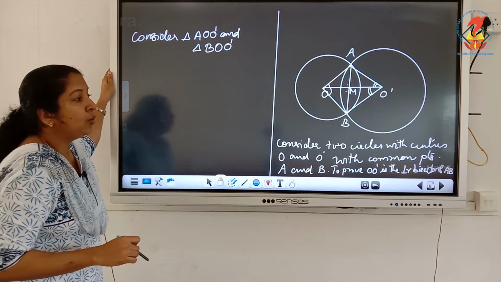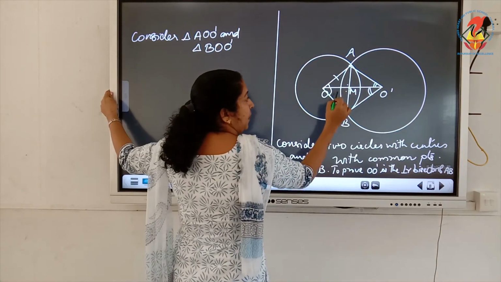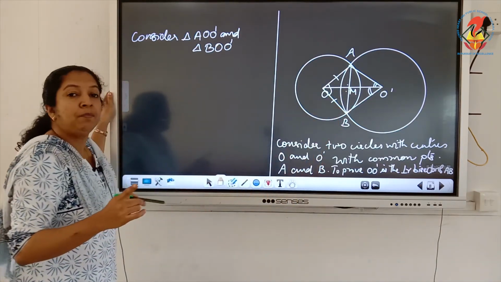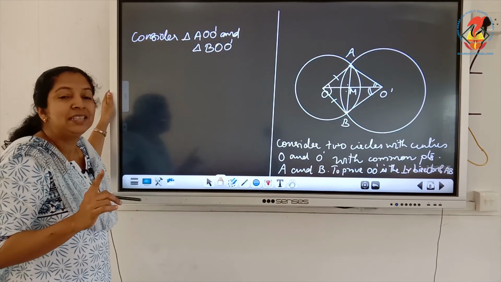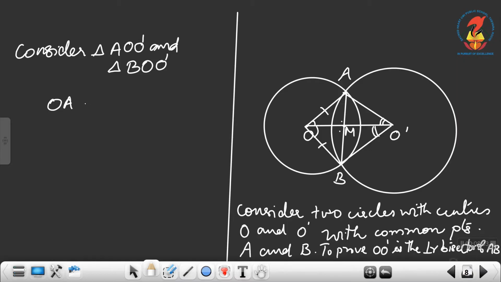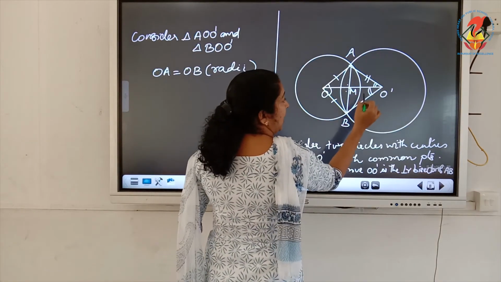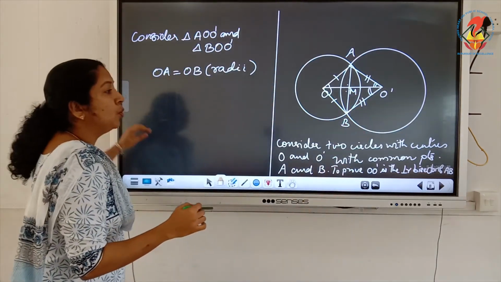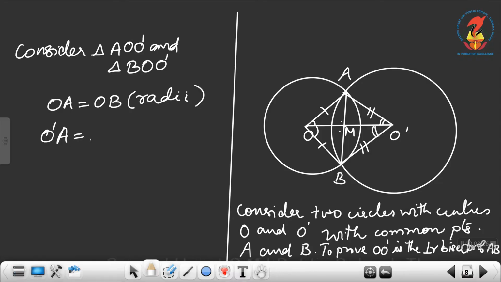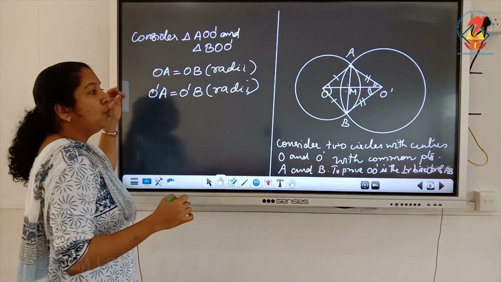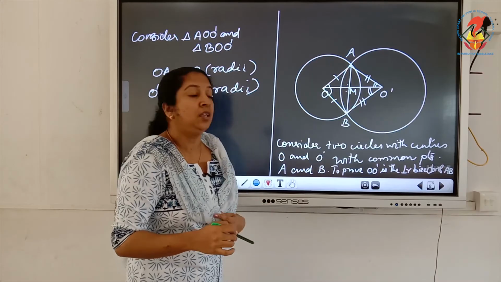What about OA and OB? OA is equal to OB because they are radii of the same circle. In the same way, O'A is equal to O'B, radii. Then the last one, OO' is common in these two.